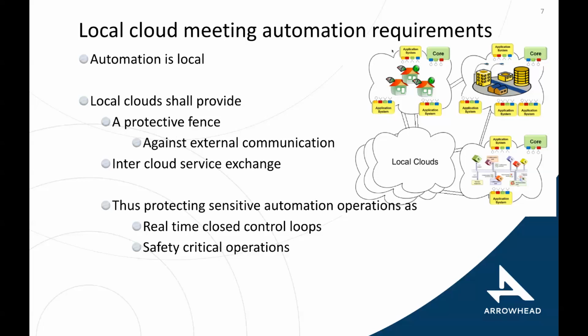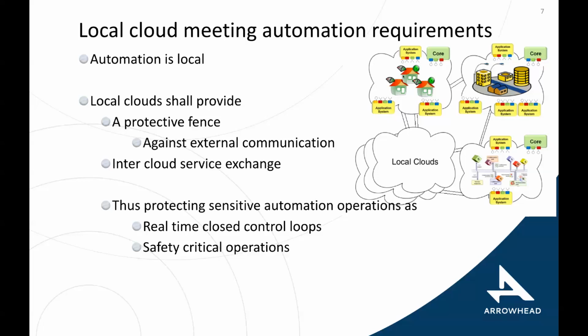But the approach we take here is that we move these local clouds down to factory or workstation level, or even smaller, around the important control loops that are necessary to protect from a production viewpoint.